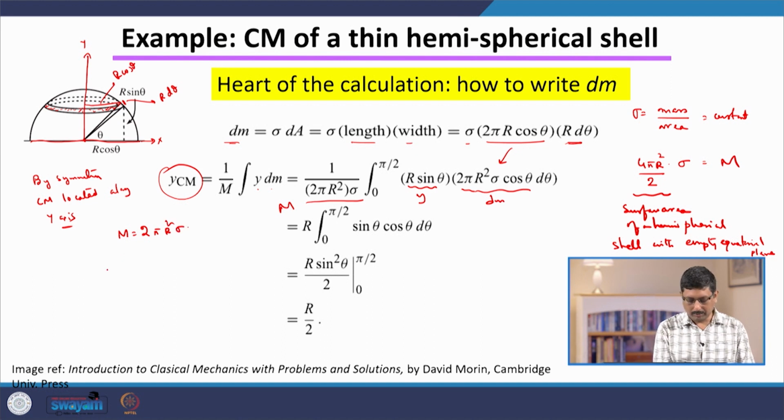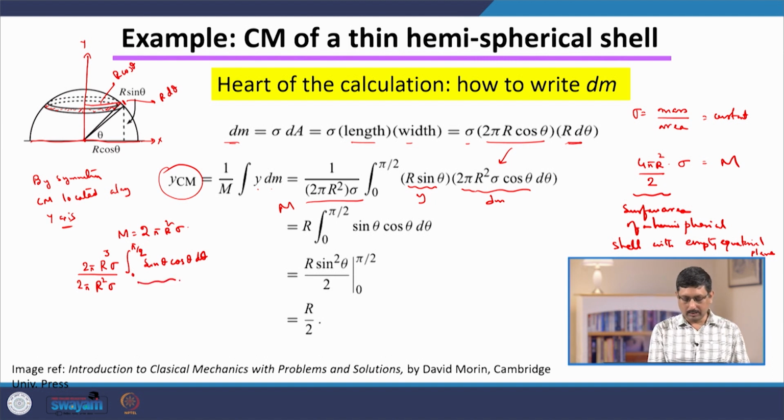In the numerator we have 2 pi r cube sigma times the integral from 0 to pi by 2 of sin theta cos theta d theta, and in the denominator you have 2 pi r square sigma.